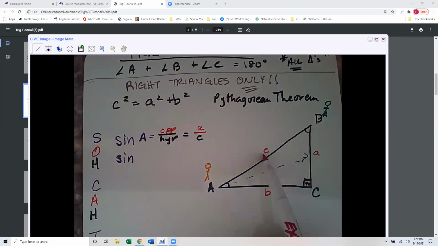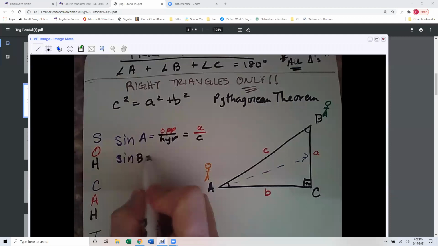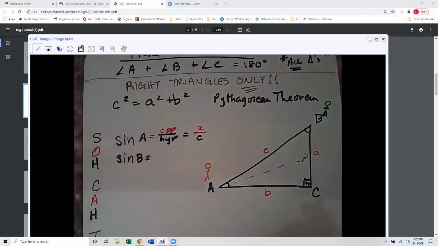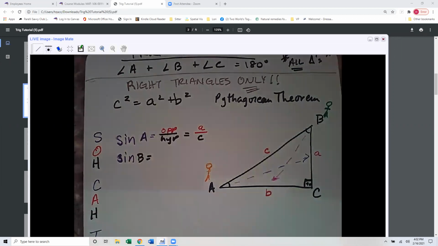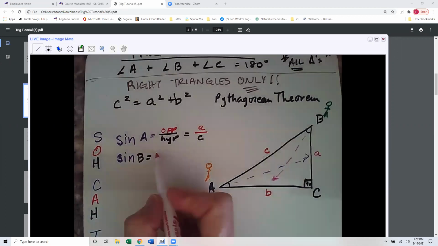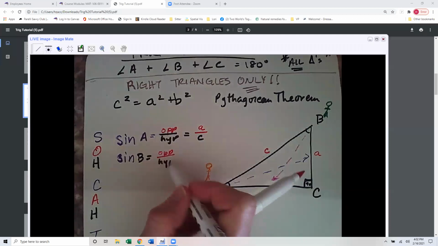All right, so sine B, sine of angle B, would be equal to the opposite side from the perspective of B. Now I'm the green stick figure, looking from B. From that perspective, the side that is across or opposite from angle B is little b. So again, it's opposite over hypotenuse. The difference is where from?